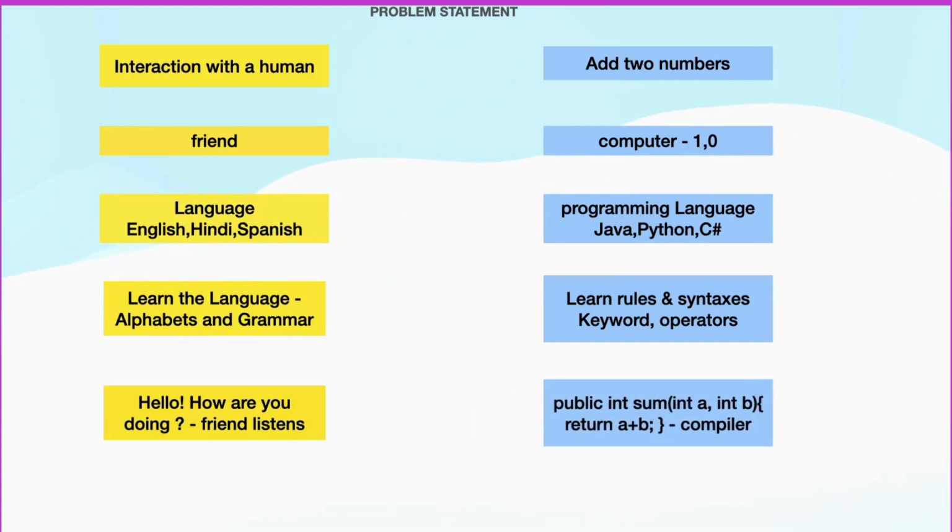Now, let's see an example of a Java method, where it is written that there is a function that performs the sum of two integers a and b and returns the summation.